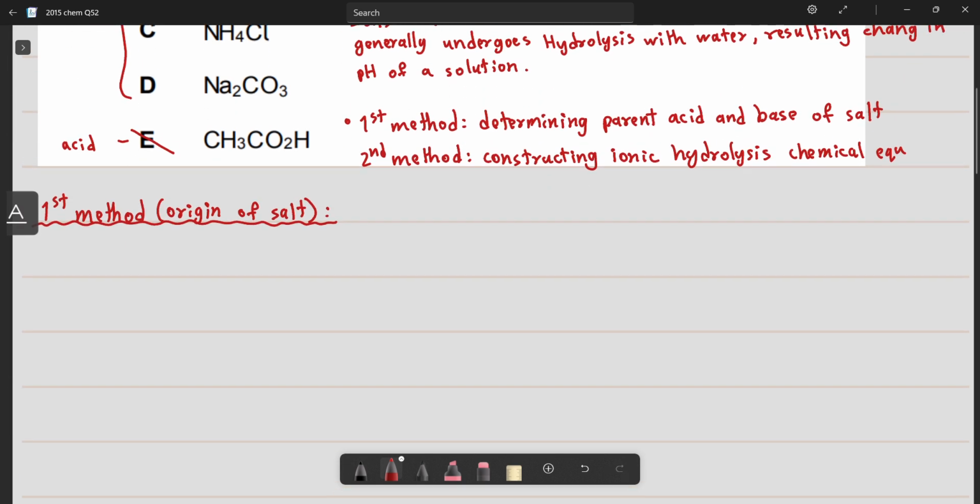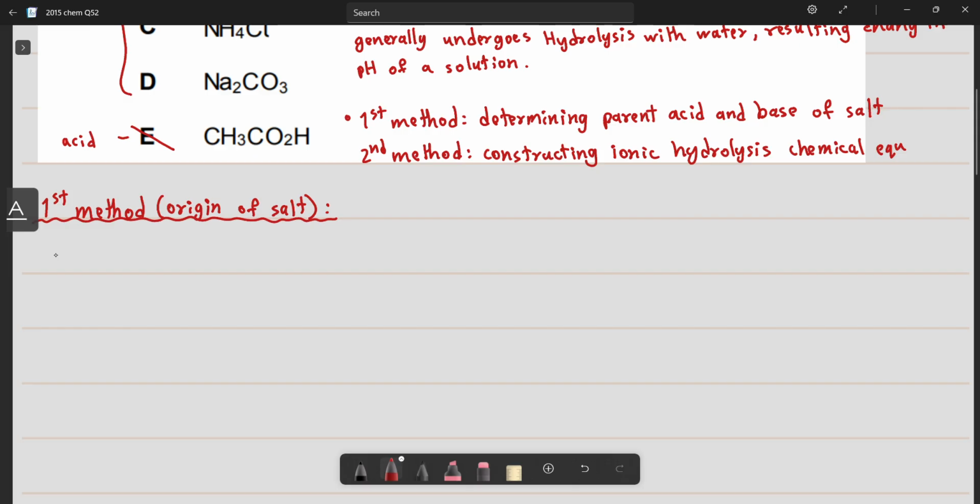The most likely parent acid and base will be hydrogen bromide plus aluminium hydroxide, which gives the product aluminium bromide plus water.